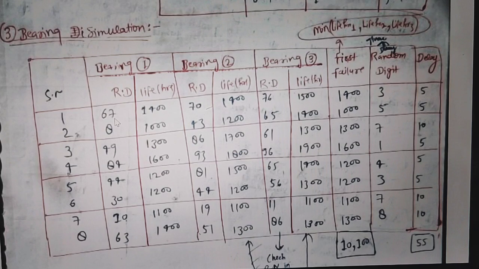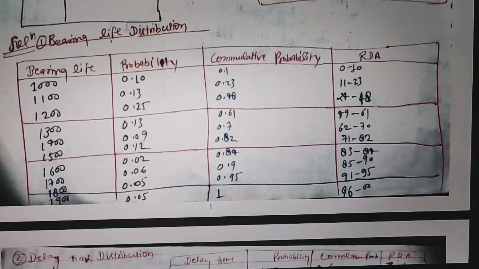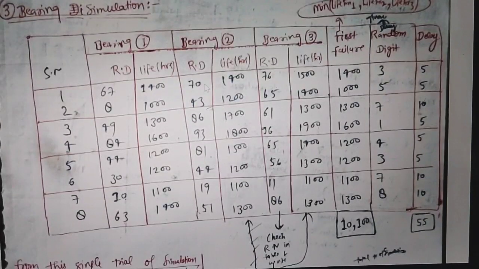For bearing 1, the random digit is already given in the question, so for random digit 67 we go to the bearing distribution table and find the lifetime duration. 67 lies in this range, which corresponds to a bearing life of 1400, so we mention 1400 hours here.